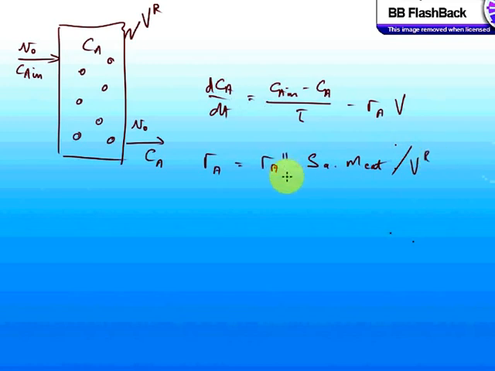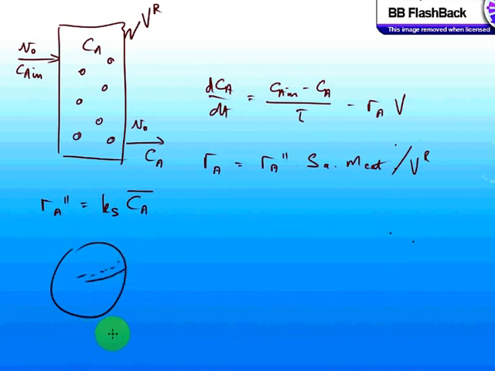So RA double dash we have as being the kinetic rate constant Ks times the concentration of A. But that concentration of A is actually the average concentration across the particle. So if we have our particle here, there exists some concentration of A, in fact a concentration profile of A, as A is diffusing into the pores of that particle. As it diffuses in, A is being consumed, right?